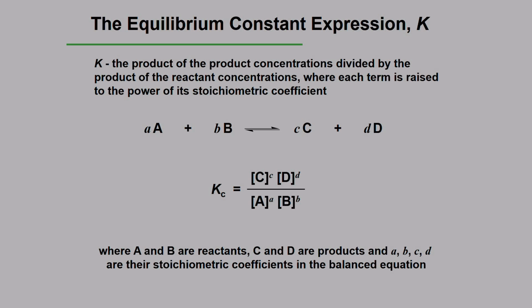To get an equilibrium constant, we need to take a ratio of the concentrations of the products raised to their stoichiometric coefficients divided by the concentration of the reactants raised to their stoichiometric coefficients.